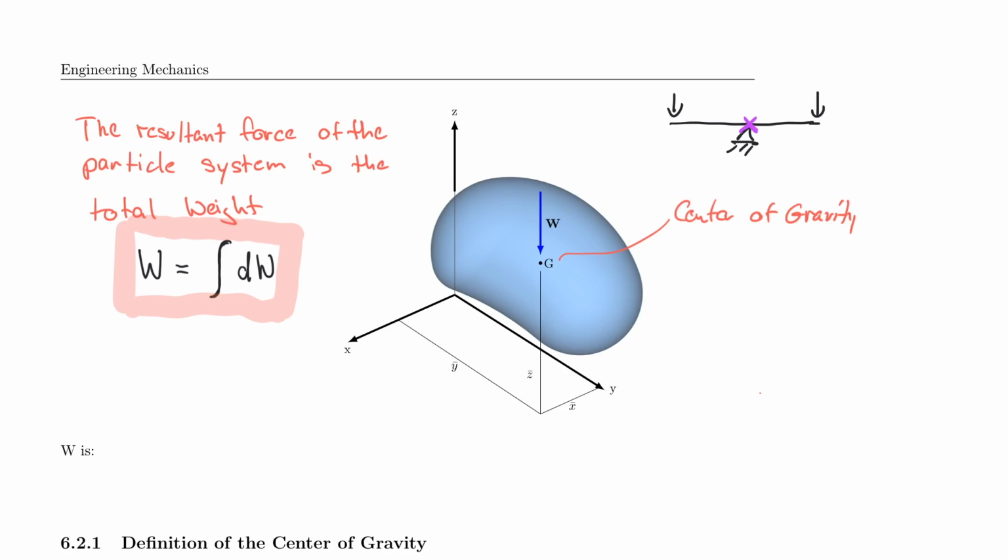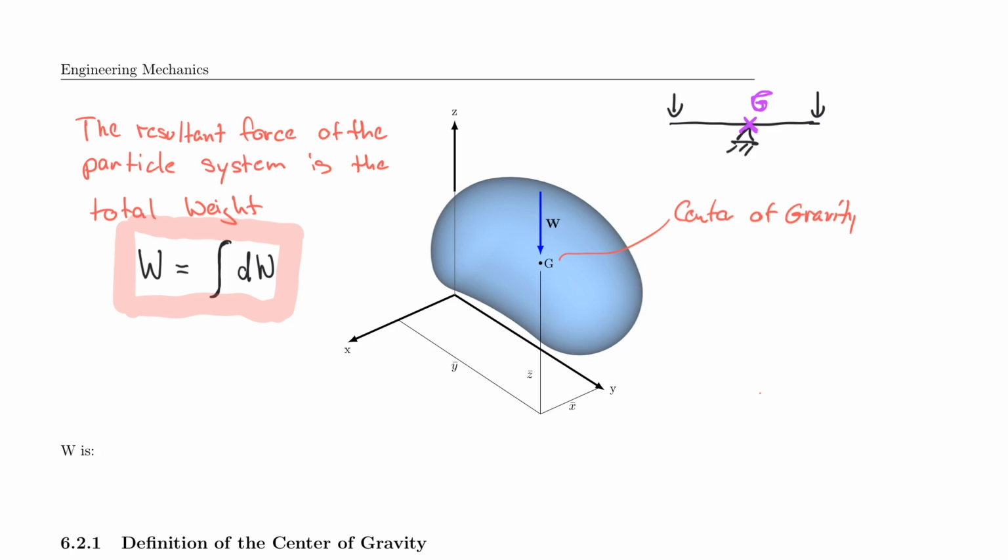So in a very abstract sense, this would be G as well, because the potato is doing exactly the same thing. If you poke a needle into G here, then everything on the left side balances everything on the right side. And that's the same as what you experience on a playground if you sit on a seesaw with somebody who has the same weight as you. So that is what the center of gravity is really about.